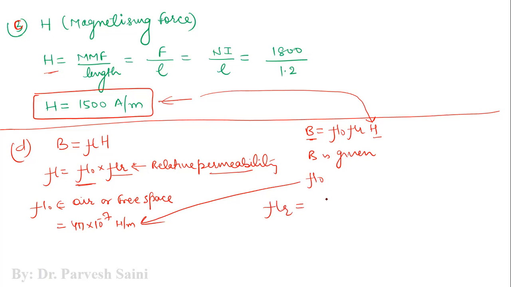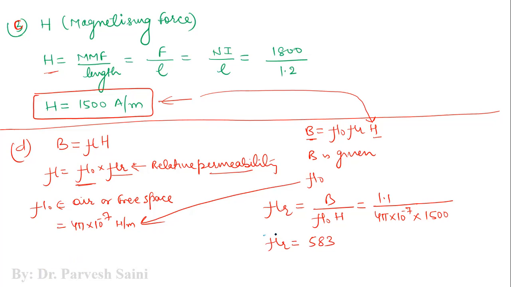So mu r is equal to B divided by mu naught into H. So this will be equal to 1.1 Tesla is given, mu naught is 4 pi into 10 raised to the power minus 7, and H we have calculated here, which is 1500. So mu r is equal to 583. So this is the answer.